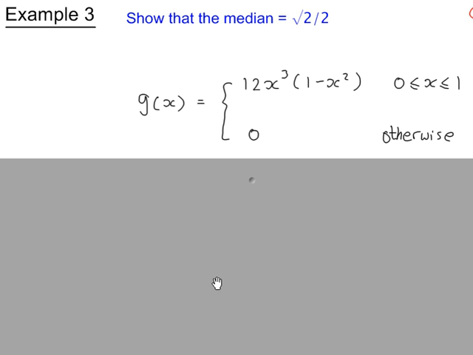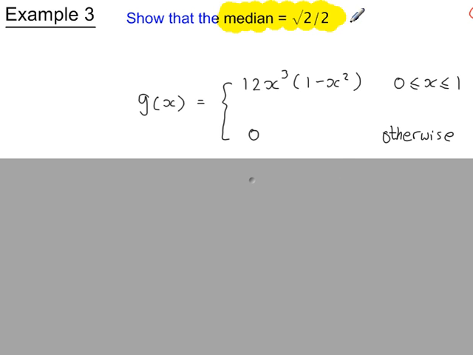Questions that typically say show that the median is equal to some given value are best approached by actually using this value and showing that the area you get is equal to a half.